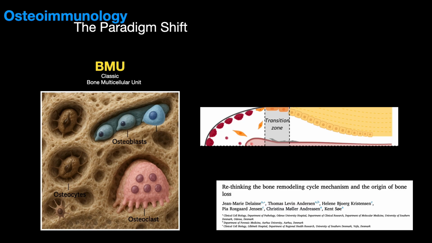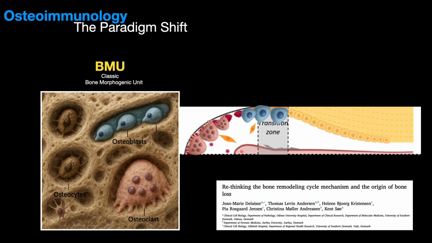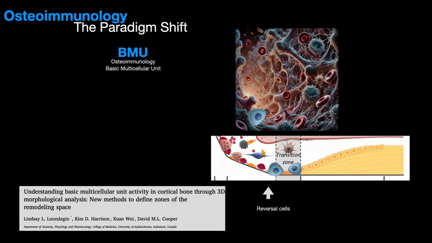What we know now is that this transition zone is occupied by 2 types of cell. That was the traditional view. Now we know that it's a multi-cellular event, including multiple immune cells, and most importantly, some stem cells like MSCs, and some transition cells, which are not osteoclasts and not osteoblasts.